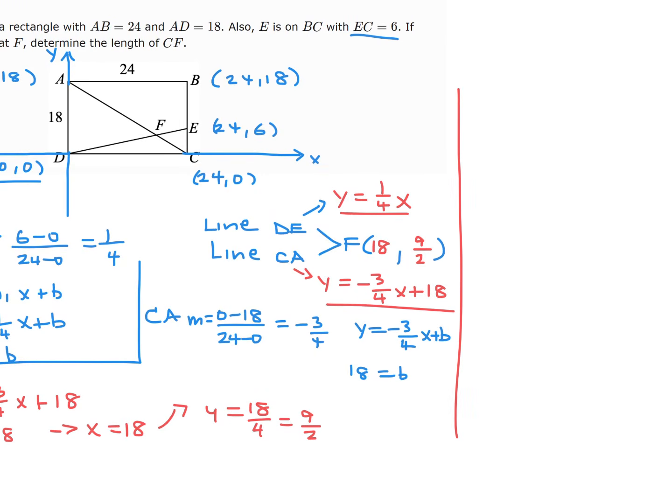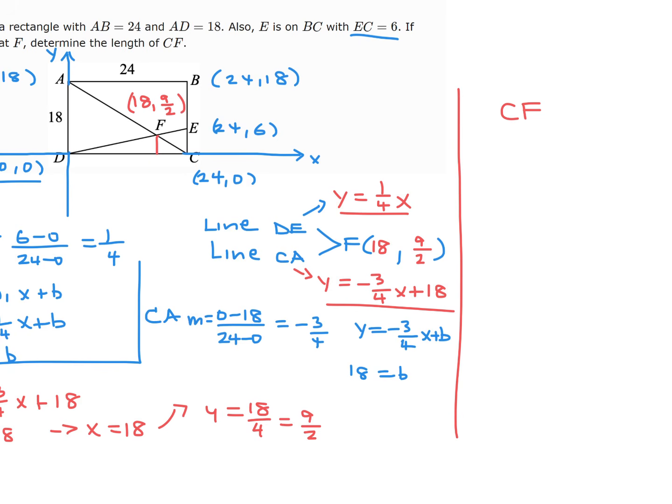So then the final step, which is figuring out FC, or CF. This side is 6, correct? Because we're going up by 6. Hold on, let me just double check here. You've got to make sure I do this correctly. Since the x coordinate of F is 18, hold on, whoa. Let me backtrack here. F is 18 and 9 over 2, correct?